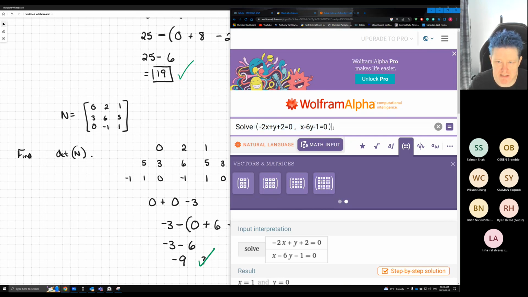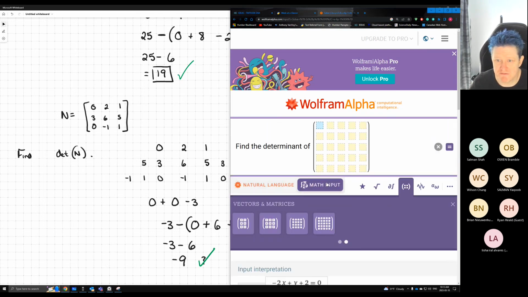So let's see, we could take the determinant, find the determinant of, and then you feed it this huge matrix. Let's say our matrix is, I don't know, I'm just filling in entries here.